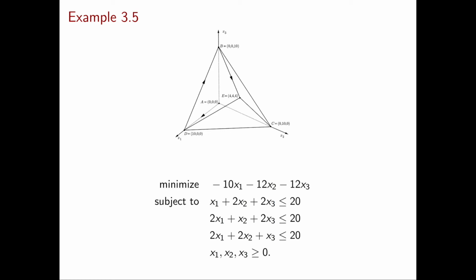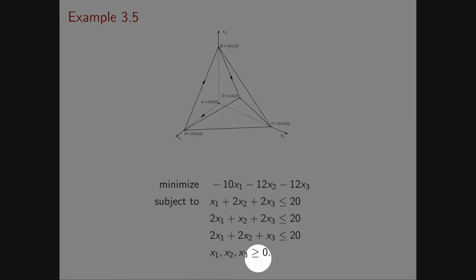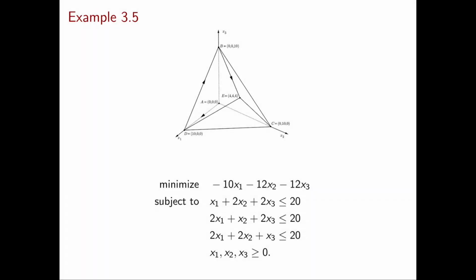The first thing that we should observe in this example is that this problem is not in standard form. In fact, while I have all variables non-negative, the problem is that the remaining constraints are not equality constraints, but they are inequality constraints. However, we know how we can transform easily this problem in standard form.